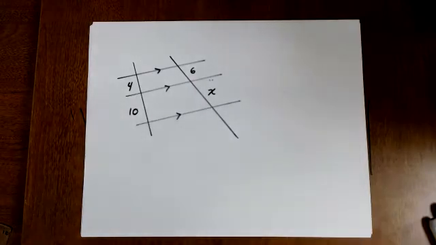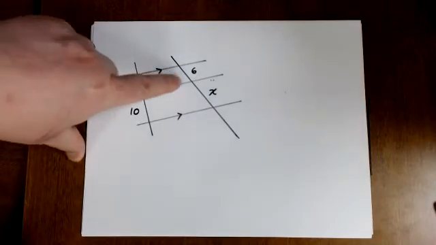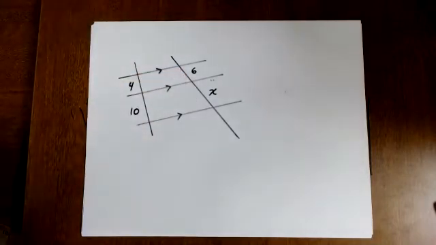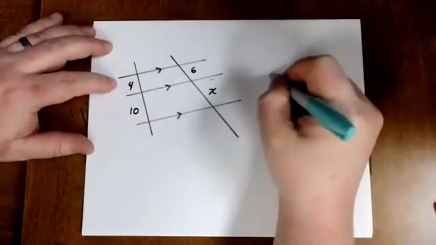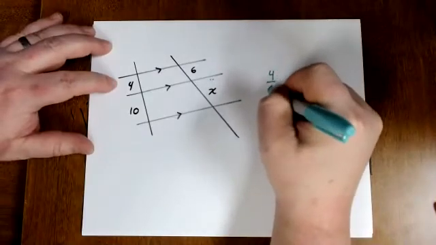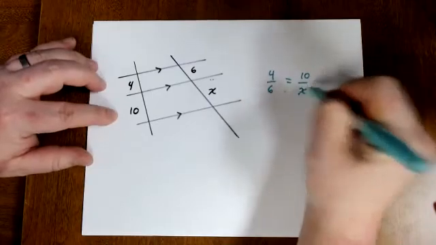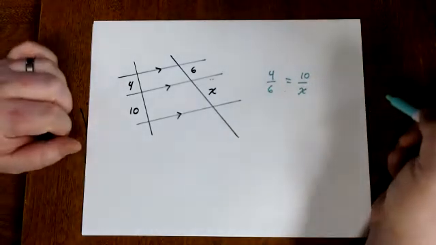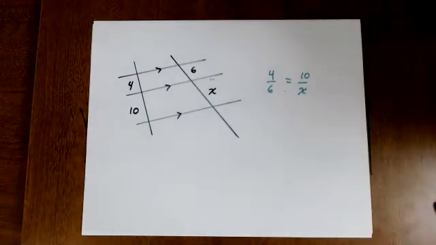That's the idea, that this length and this length kind of go together. So what we can do is set up a proportion right away. The 4 and the 6 are related, just like the 10 and the x are related. And now it's just a matter of cross multiplying.